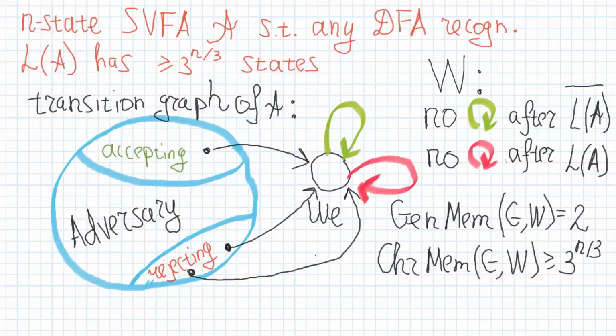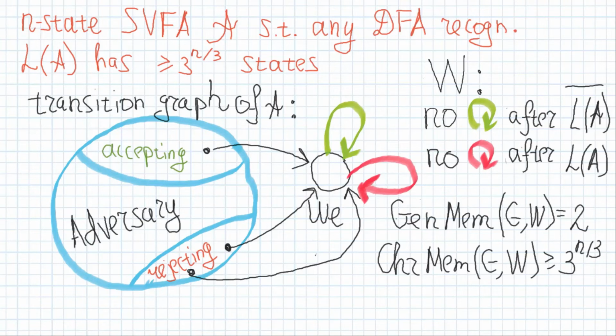Okay, so now I want to show this derivation from the theorem of Zhiraskova and Pidgezzini of a weak version of our lower bound. We are given some n-state self-verifying automaton A with the property that any deterministic finite automaton which recognizes its language has at least 3^(n/3) states.